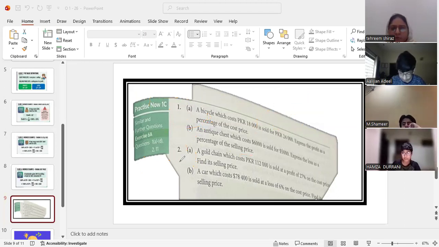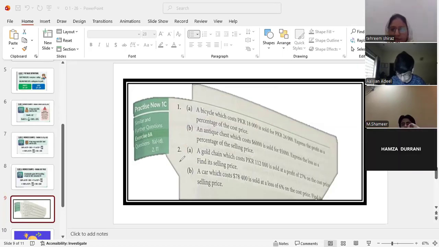Now, coming towards question number 2, which is already a very simple question. A gold chain which costs rupees 1,12,000 is sold at a profit of 27% on the cost price. Find its selling price.